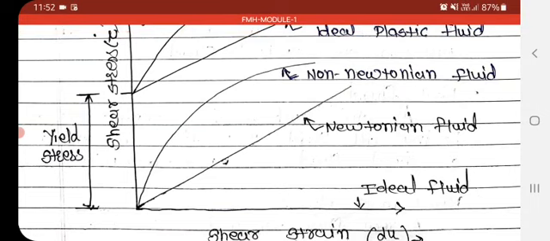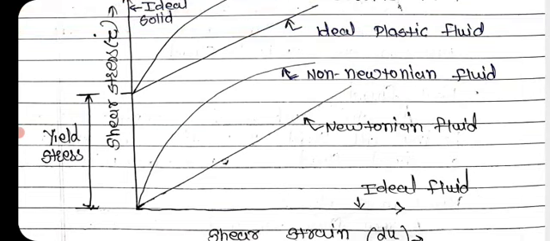Curves. Okay, the first is the curve for Newtonian fluid. It is an inclined line for Newtonian fluid. That inclined line indicates that there is a linear or proportional relationship between shear stress on the y-axis and shear strain on the x-axis. With proportionally increased values of both properties, we get a linear line starting from 0.